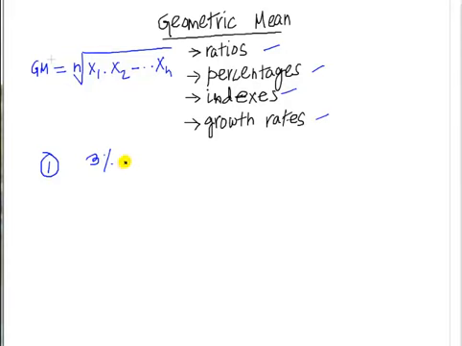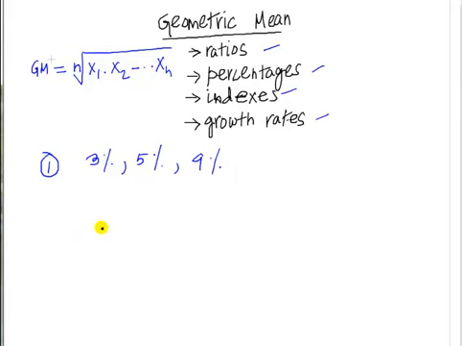Let us say it grows by 5% in the second year and 9% in the third year. So these are three different growth rates in 3 years. Our task is to find out what the average growth rate is over this 3-year period.